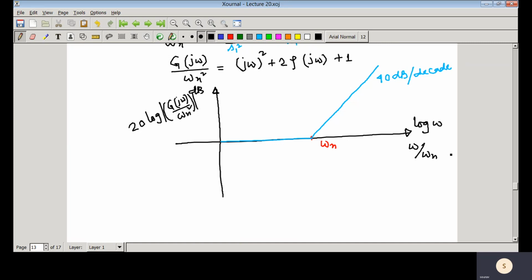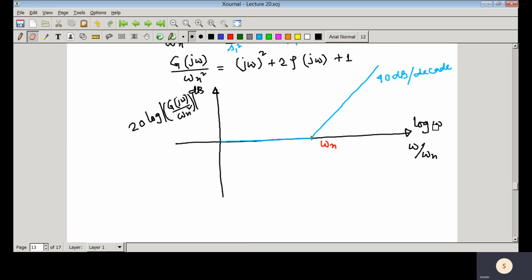That means it is that scaling, in the x-axis, it is represented by omega n, and that is in log scale.